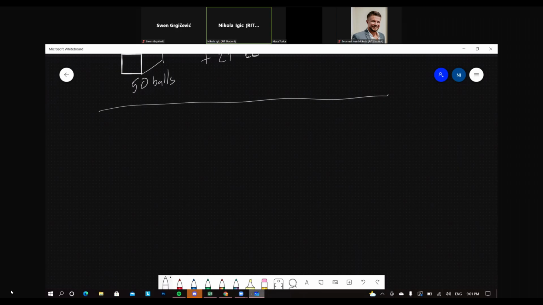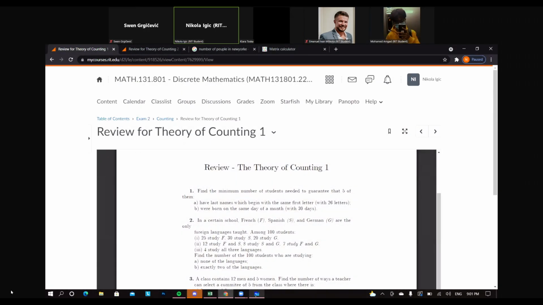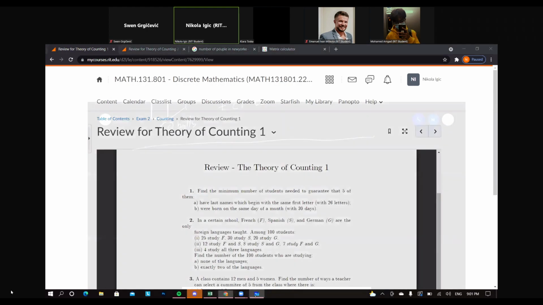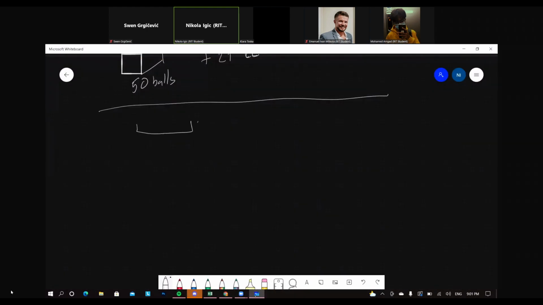Okay, let's do it. Have last names which begin with the same first letter. You have a name, last letter. You don't even need to write this. There are 26 letters that came here. If you put 26 letters in the first group, you're sure that you're going from A to Z. You will have all the letters.